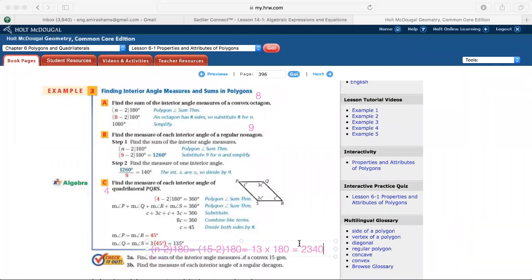Here is 3A. Find the measure of each interior angle of a regular decagon. Let's go back. What is a decagon? Decagon is 10. So 10 minus 2 is 8.